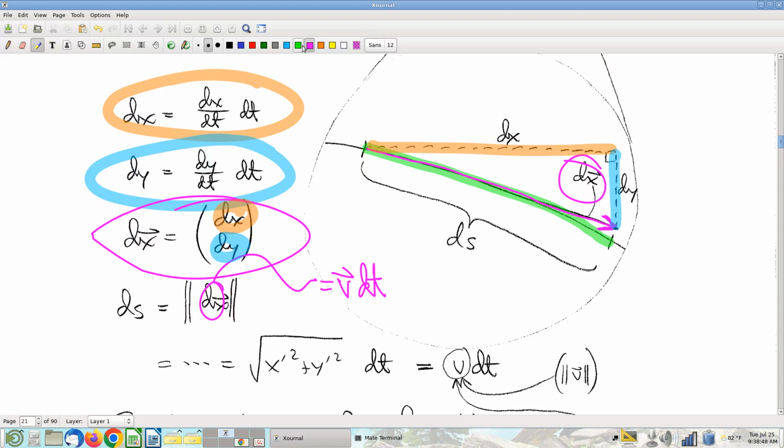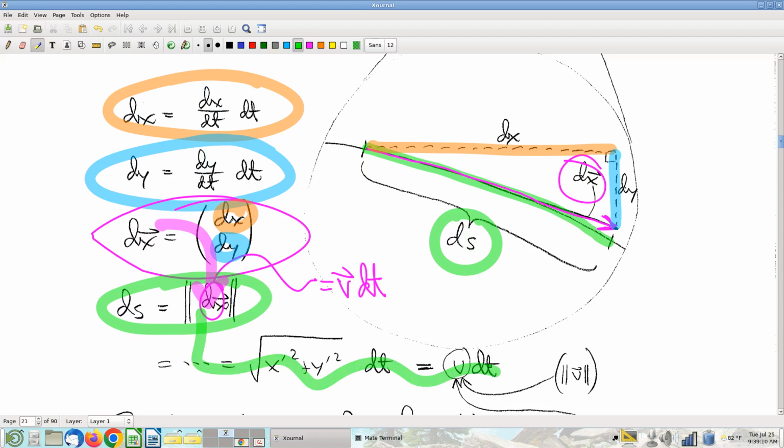Note that the length that I'm interested in here, ds, is the magnitude of that. Again, flashback to early chapter 13, I think it was. Then we're going to take this formula for dx, plug it into there, play through a bunch of details. And here's the formula for what ds is.